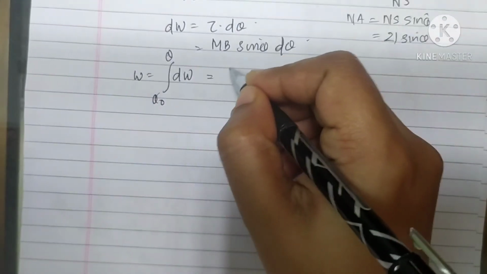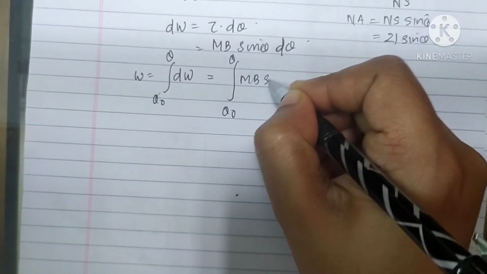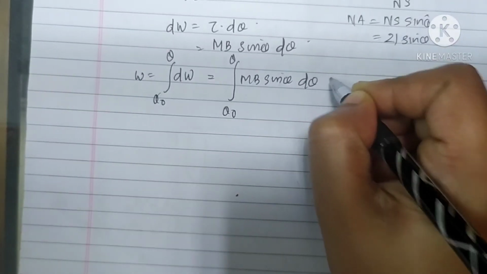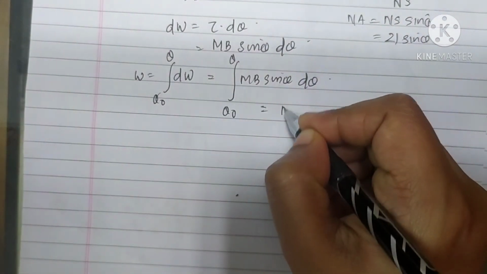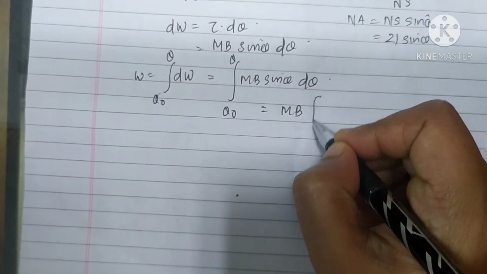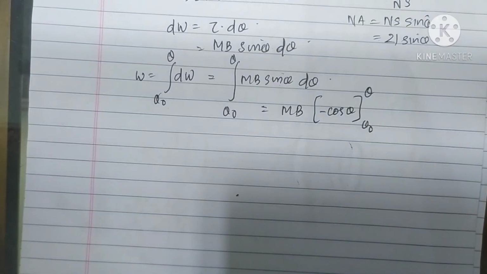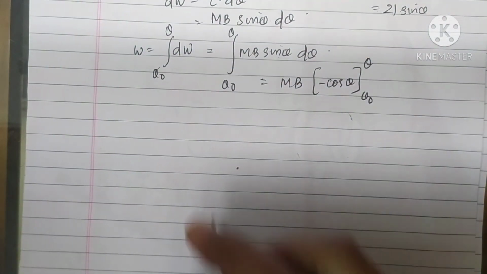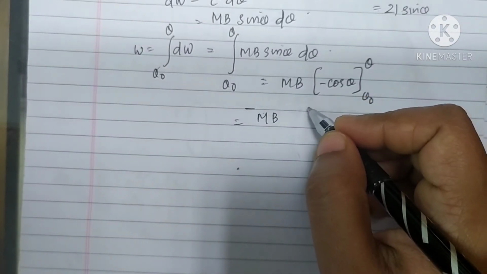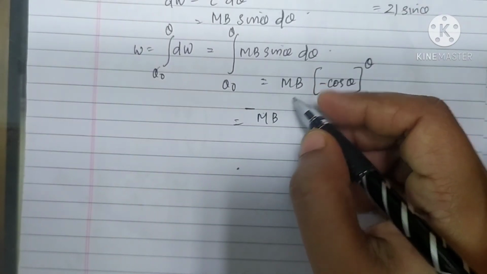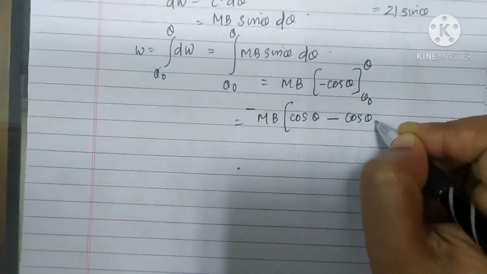This is equal to the integral from theta 0 to theta of mB sine theta d theta. Clear? Now mB taken outside. So mB into integral of sine theta, which is minus cos theta, limits theta 0 to theta. So mB into cos theta minus cos theta naught.